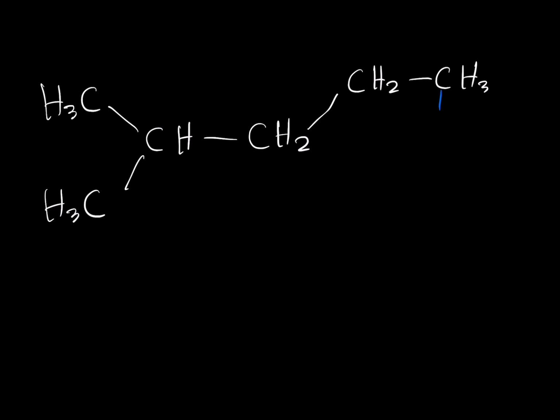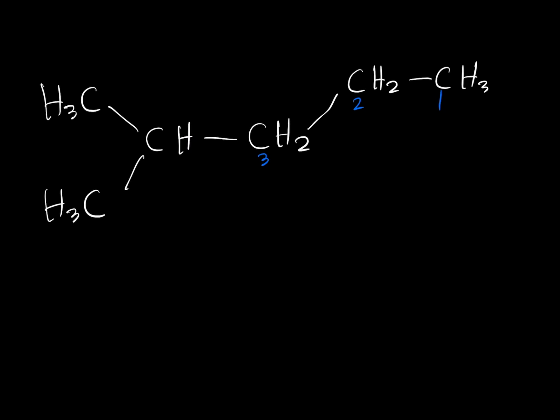Now, do we start counting like this, or do we count from left to right? What do you think? We're actually going to count the way the red is, because then the substituent, which is this methyl, is going to be on carbon number 2, as opposed to it being on carbon number 4. So we always want the lowest number for substituents.